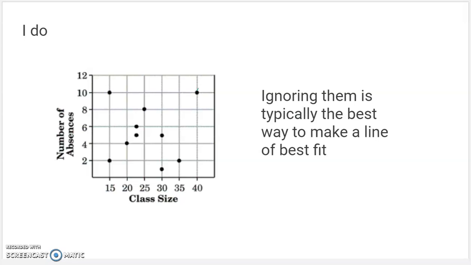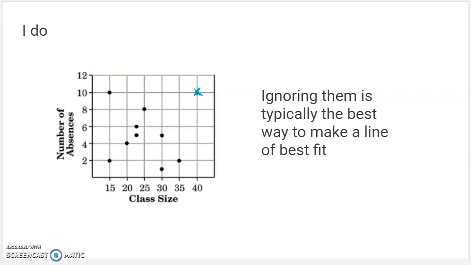However, sometimes if I take this graph and I ignore that outlier and say, that's a clear outlier, nowhere close to the rest, if I ignore that one point, all of a sudden it looks like a whole new graph to me. And I actually do see a correlation.